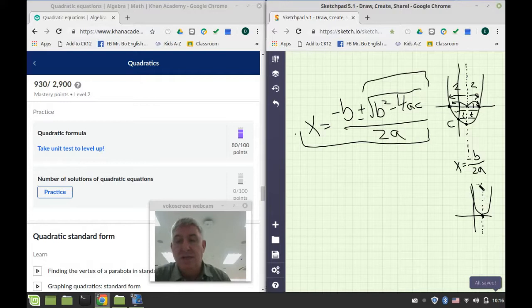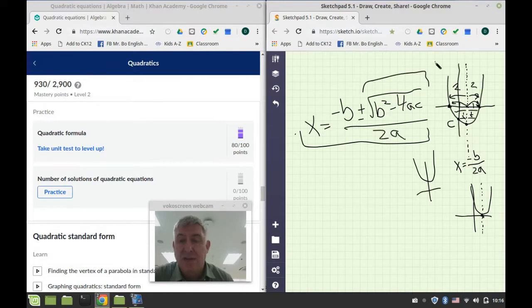And what happens if inside here is a negative number? We don't know how to do a square root of a negative number then. We'll get a parabola that looks like this. So we have three cases.